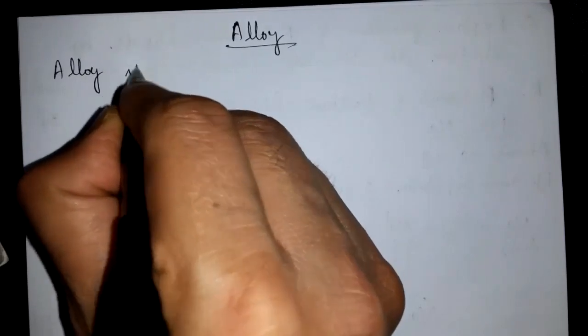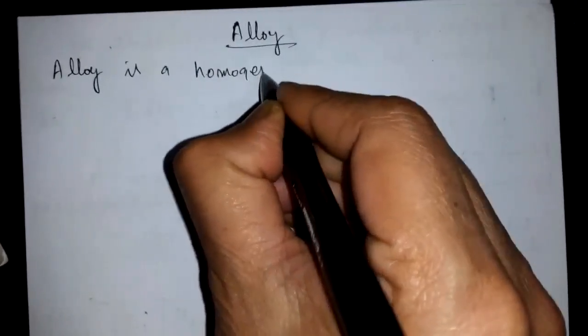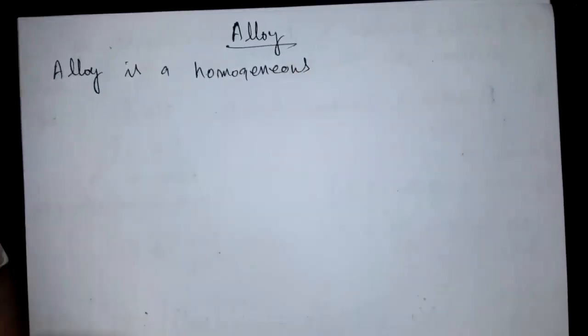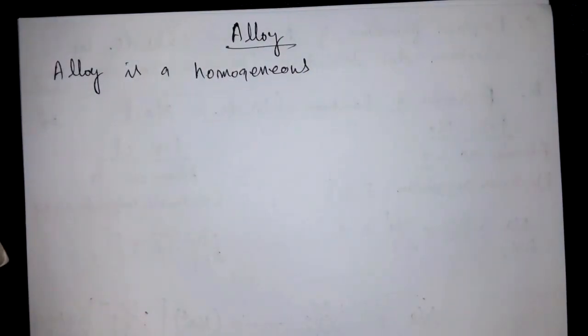So, how to give a definition? We can say that an alloy is a homogeneous mixture. Homogeneous means the mixing should be equal everywhere.